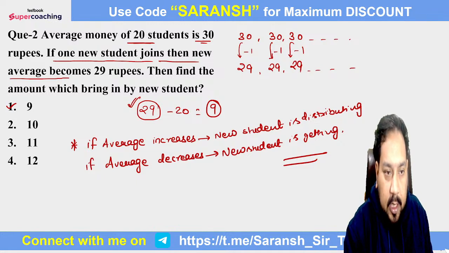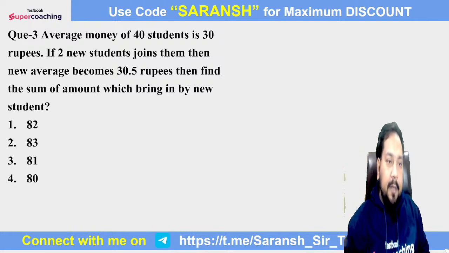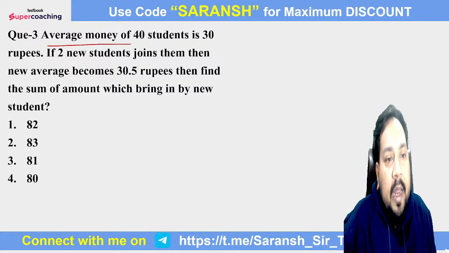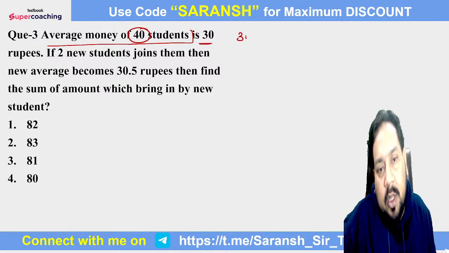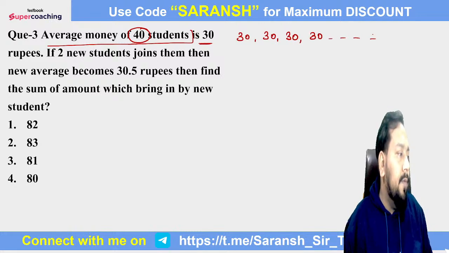Now check out the next question. The average money of 40 students is 30 rupees. Each of the 40 students has 30 rupees.